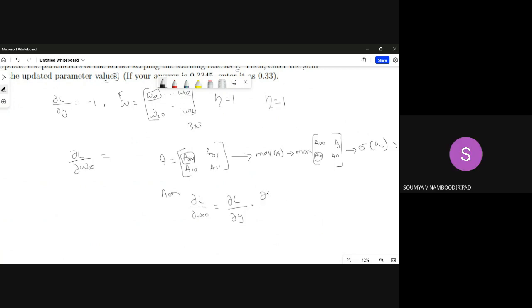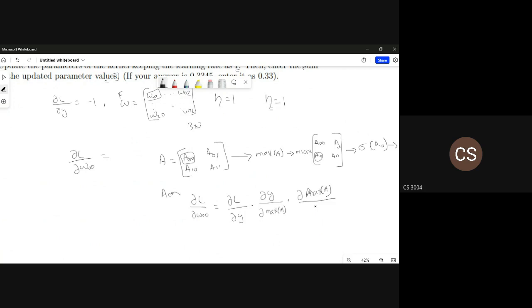Since it is a max operation, in the immediate first step you can do dou Y by dou max of A. In this toy example that's fine. Anyhow, max of A is going to be A10, and then again dou max of A divided by dou A00.